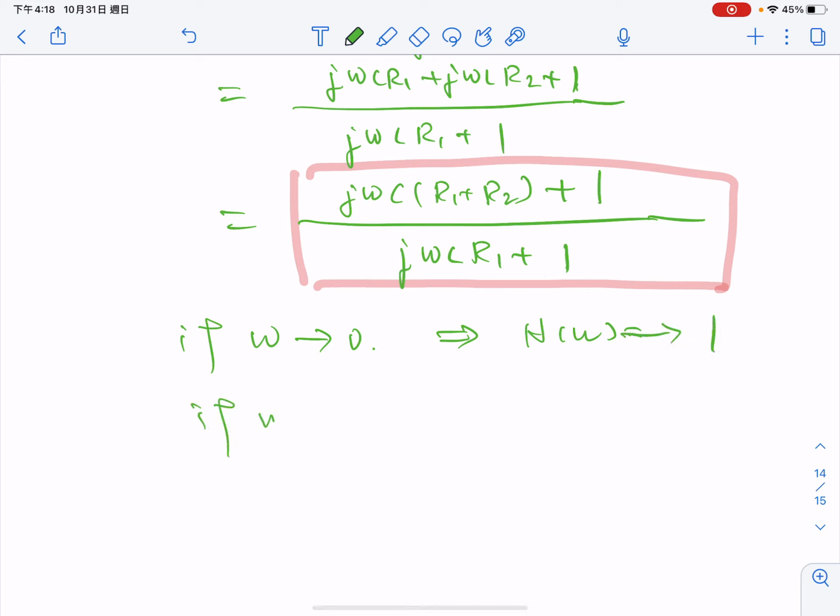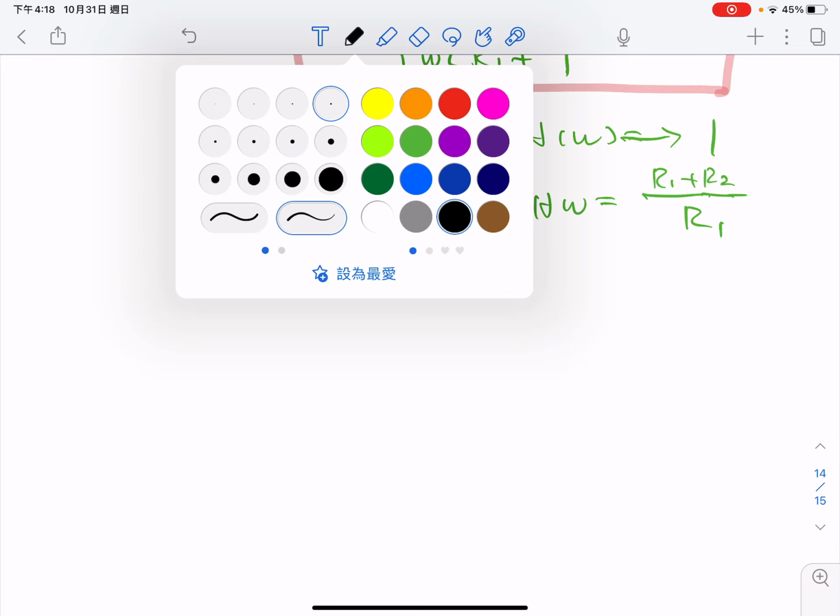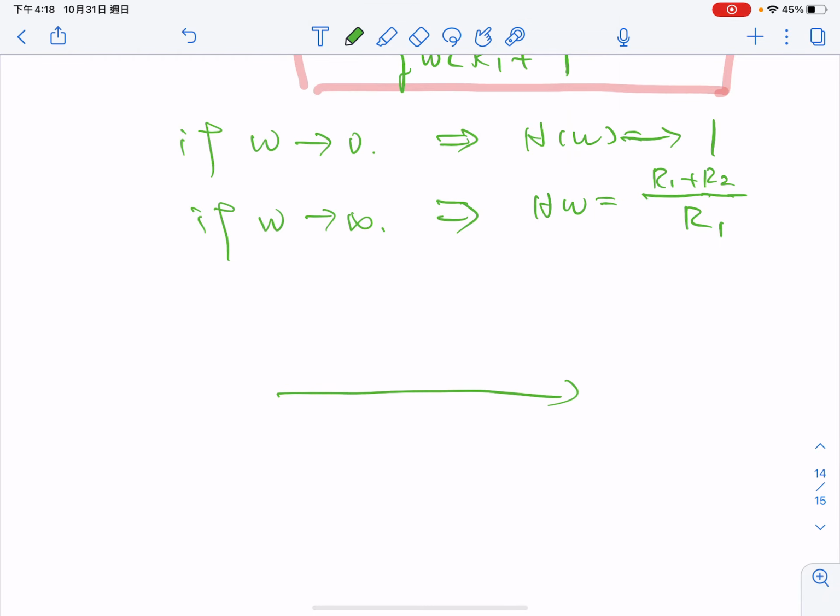But if omega goes to infinity, then H of omega will be equal to R1 plus R2 over R1. So this one becomes actually the high pass filter. Okay, so my written notes weren't correct. So this is a high pass filter.